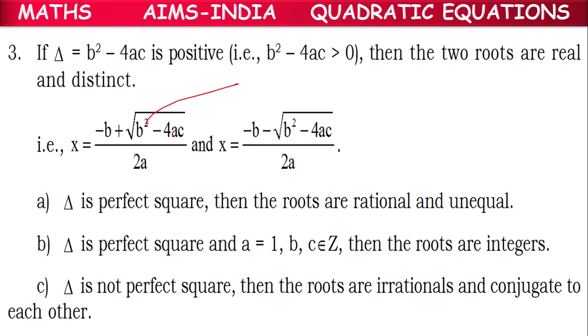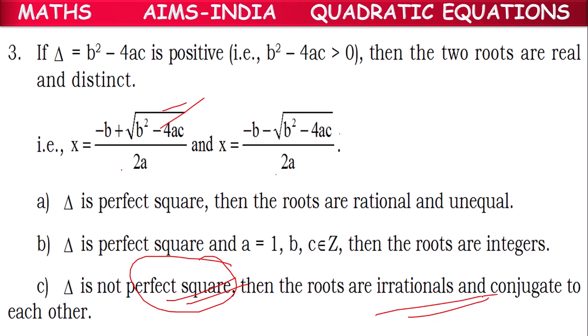Suppose if the discriminant is a perfect square, then the roots are rational numbers, but unequal. If a is 1, then the roots are integers. Suppose if the discriminant is not a perfect square, then the roots are irrational numbers, but they are conjugate. Their product belongs to real numbers.